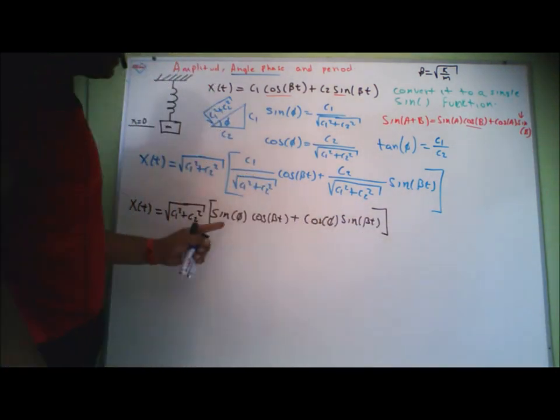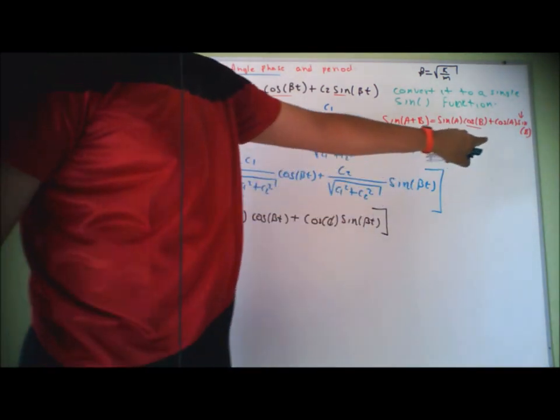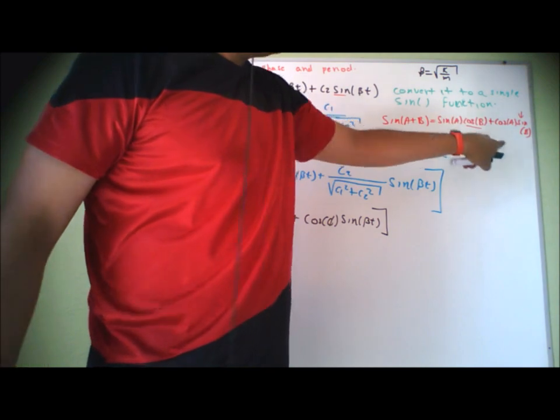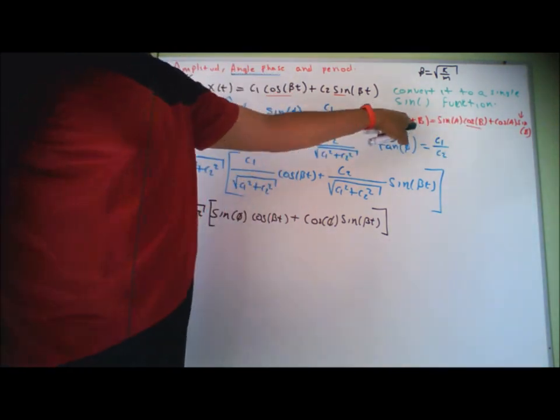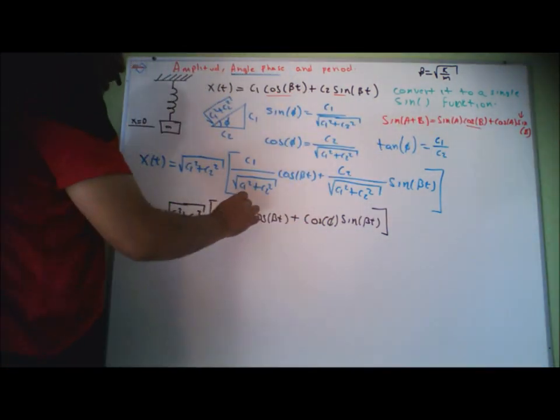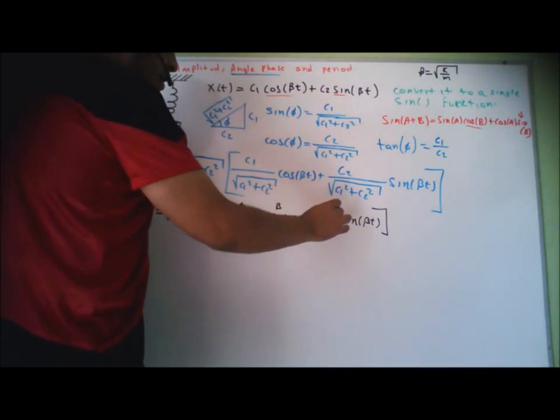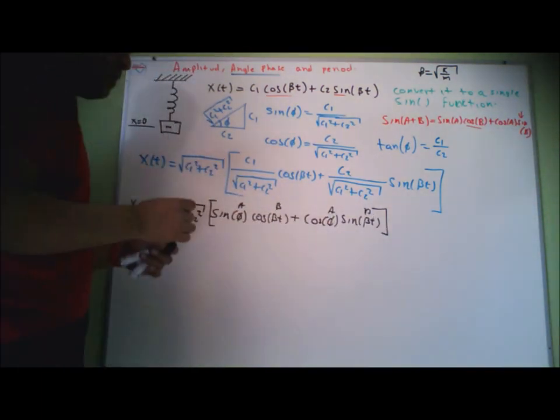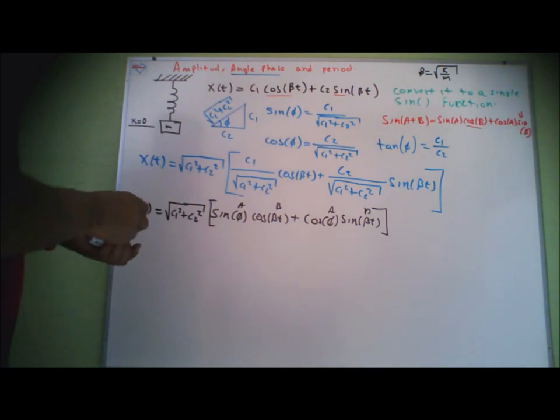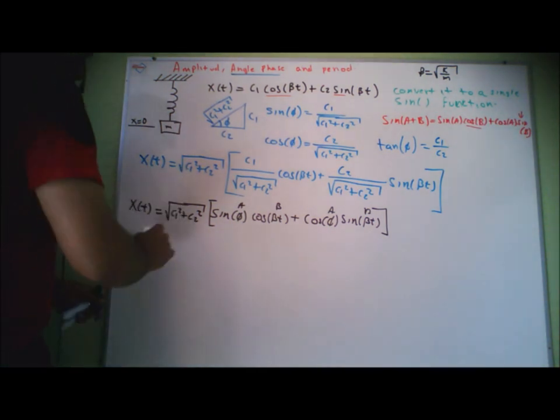Now that I have sine and cosine, cosine and sine, I can actually use this formula. That is going to be equal to the sine of A plus B, if this is A and this is B. Not beta, but B.